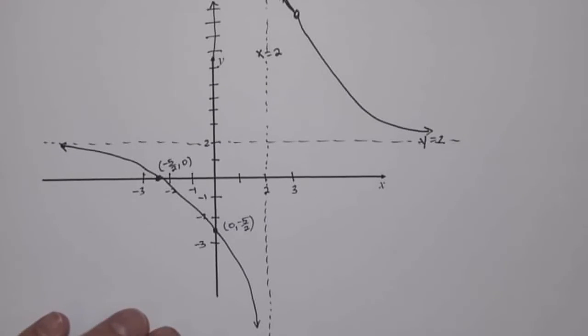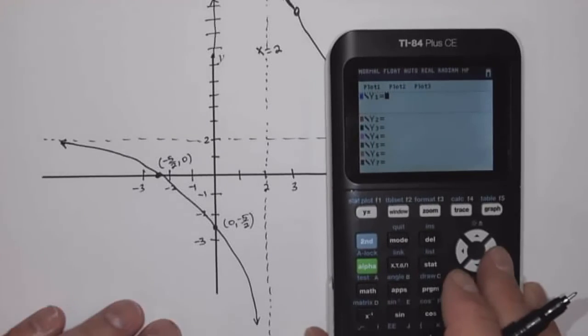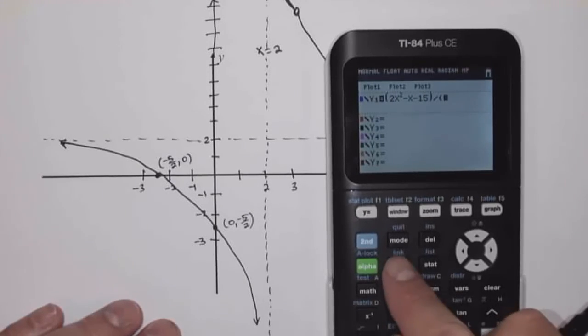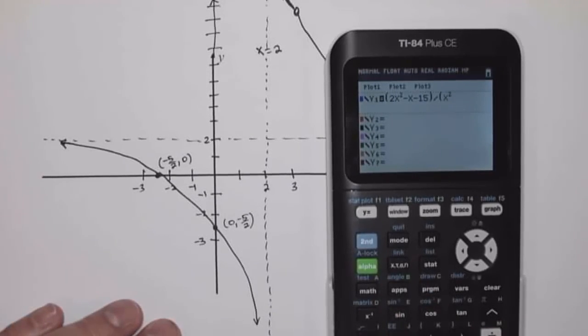If I bring in my calculator, I can enter in our original equation: parentheses, 2x squared minus x minus 15, close the parentheses, divided by, parentheses, x squared minus 5x plus 6.